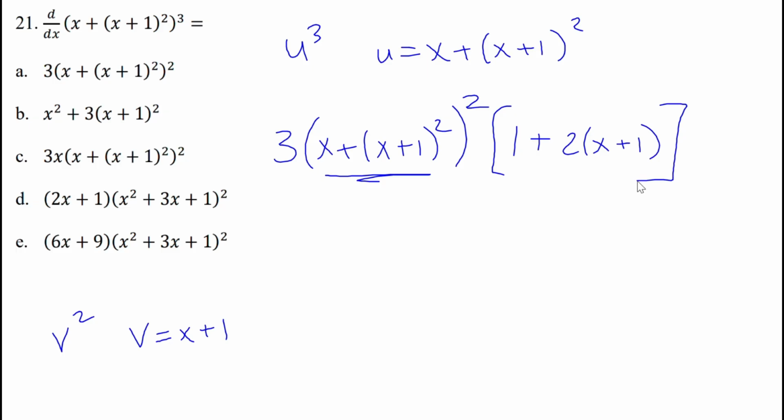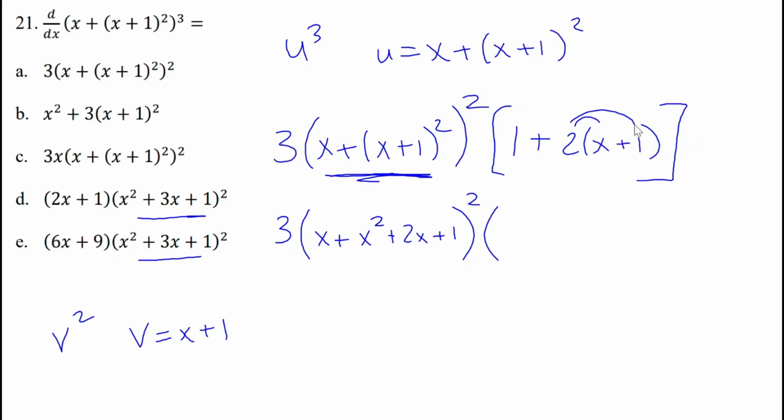Well, that doesn't really look like any of our answer choices. So we need to do a little bit of simplification here. It kind of looks like they've expanded out the stuff that's inside these squareds for most of them, or at least for a couple of them. So let's see what happens if we do that. We have 3 times x plus, and then x plus 1 squared is x squared plus 2x plus 1, and then this we can simplify.